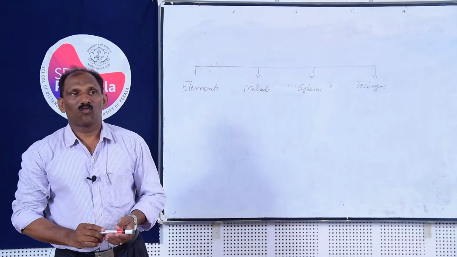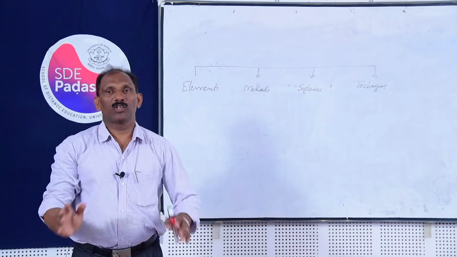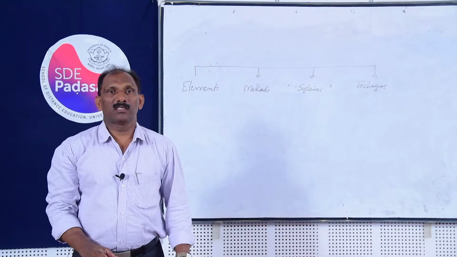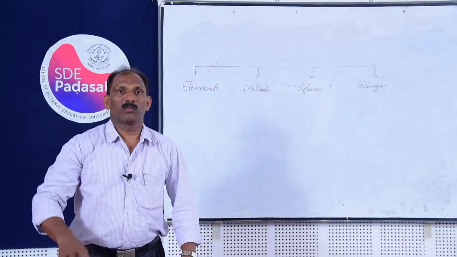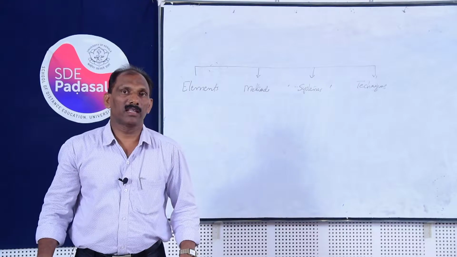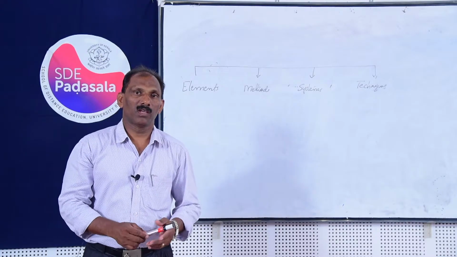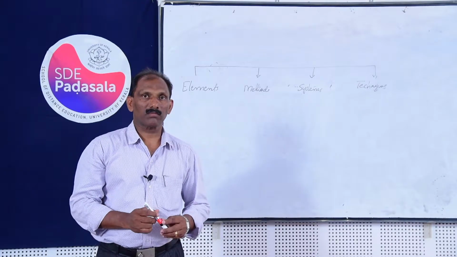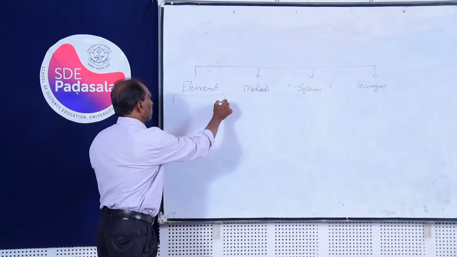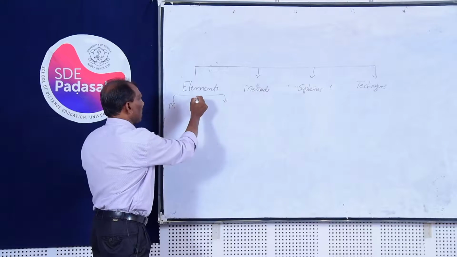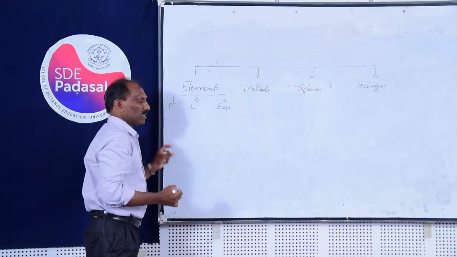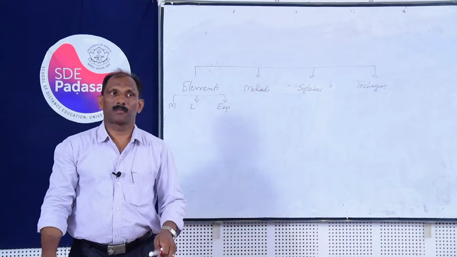Element means what constitute the cost to a product. What are the ingredients required for the production of a cost? The value of the expense for these ingredients constitute cost of production of a commodity. There are three elements of cost: material, labor, and expense.